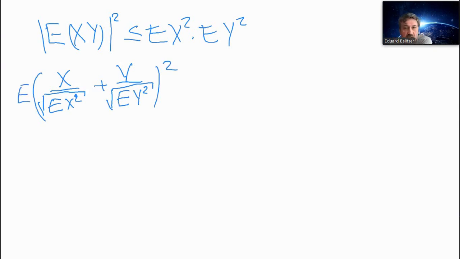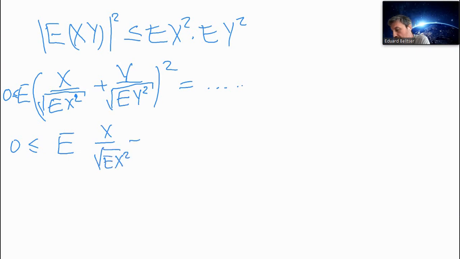This is the expectation of something positive, so it must be bigger than 0, and then you work this out. Then you do the same with x divided by the square root of the expectation of x squared, minus y divided by the square root of the expectation of y squared.